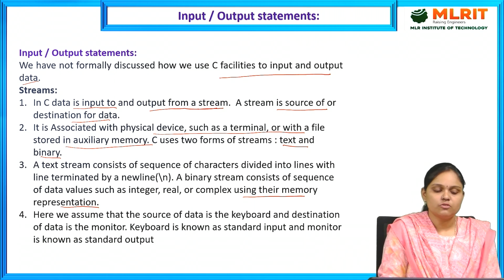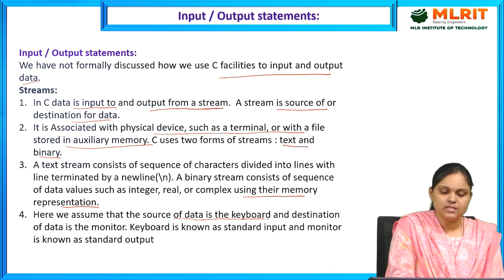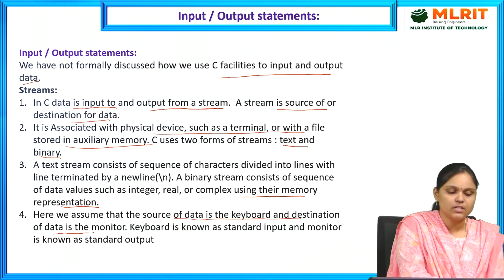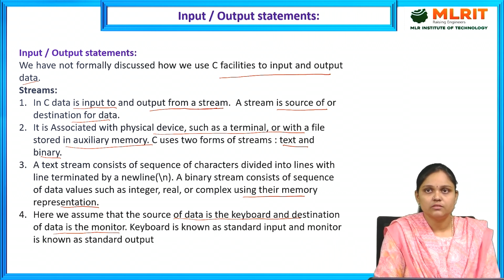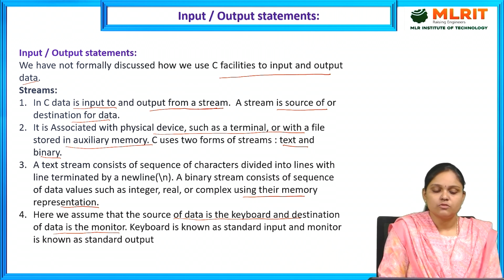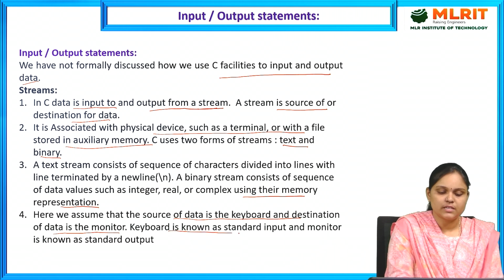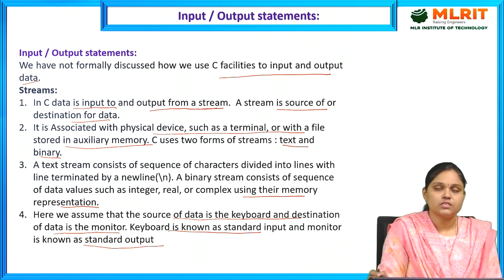Here we assume that the source of the data is the keyboard and the destination of the data is the monitor. We give the data to the system by using the keyboard and we see our output on the monitor. That is why the keyboard is the standard input and the monitor is the standard output.